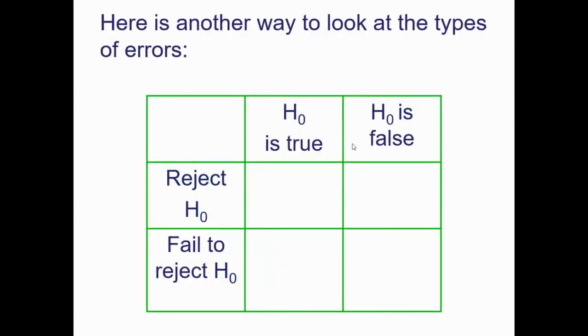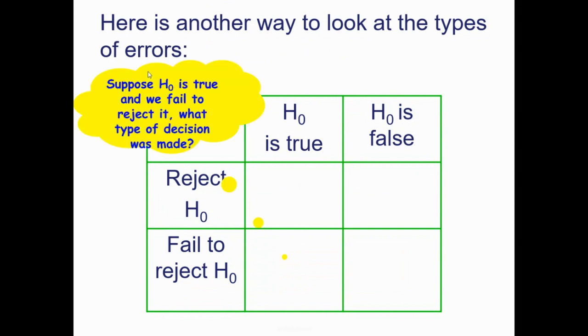Okay, so let's look at this table. Another way to look at these is in this table form. So on top we have the actual values of the null. On the side, that's our decision. But let's think of the one that's on the bottom left. Let's suppose the null is true and we fail to reject it.